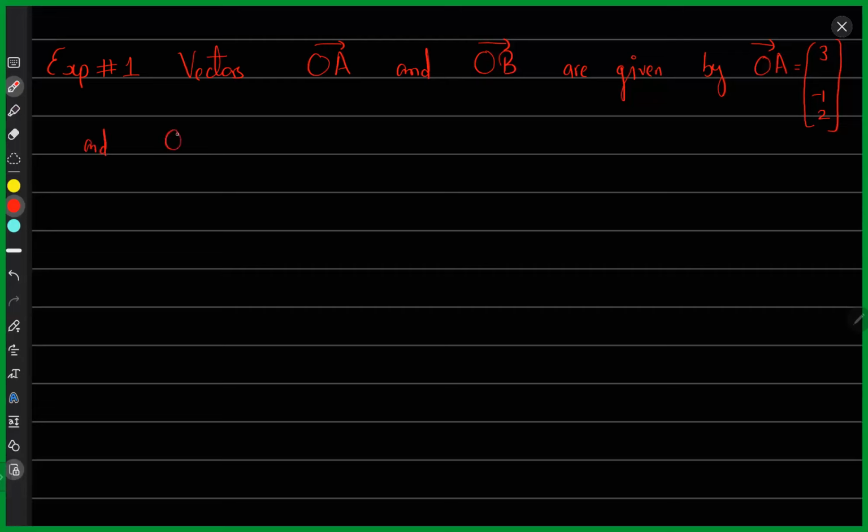Example number 1 says vectors OA and OB are given by OA, that is 3, minus 1 and 2, and OB, that is 6, minus 4 and minus 5.